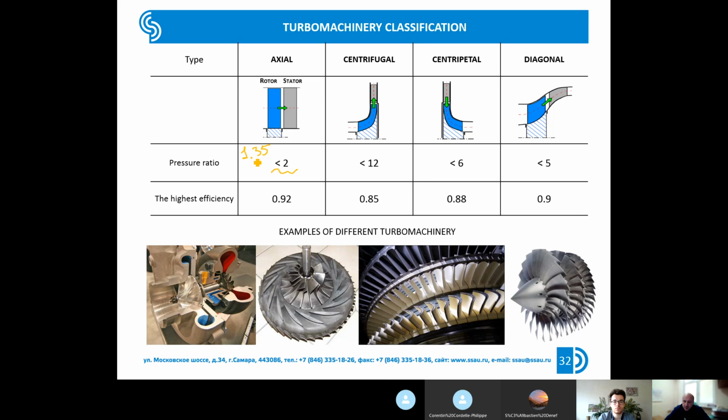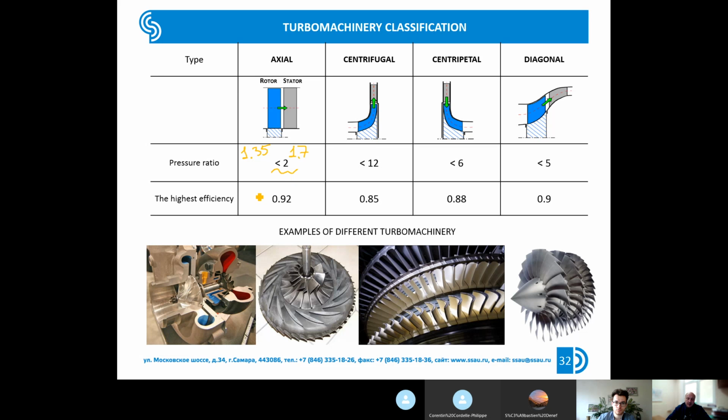So you could use this value to calculate, for example, the pressure ratio of the high pressure compressor. Another example: the pressure ratio of one stage of the fan of a turbofan engine is approximately 1.7. So you see that it's lower than 2.